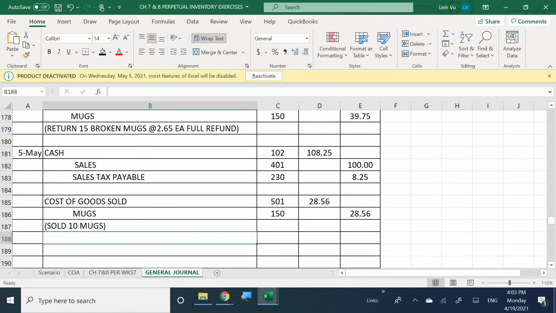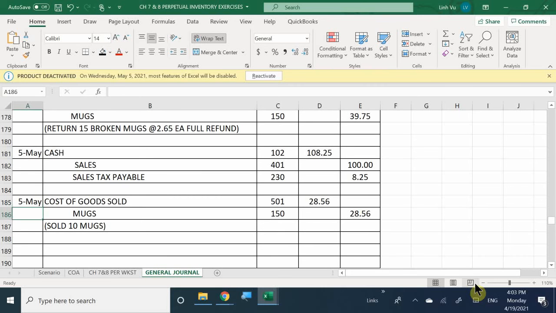Okay. This one we automatically know because this is what we do for perpetual inventory, right? We know that the previous journal entry is going to be connected to the second one. So in this case, you don't really need to have a description underneath the first entry unless you feel it's necessary.